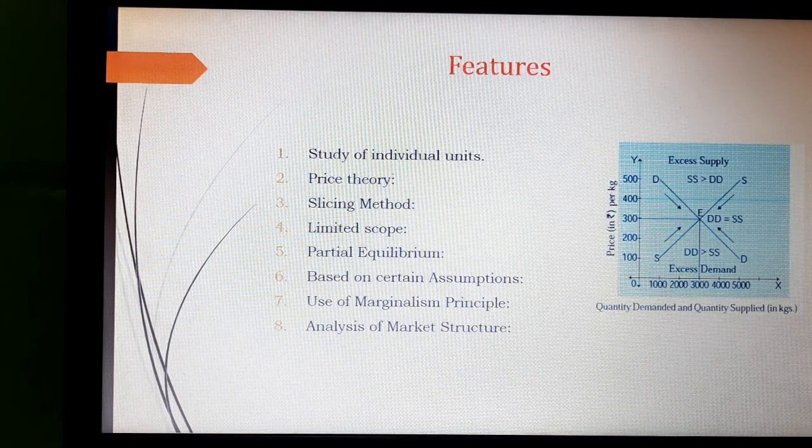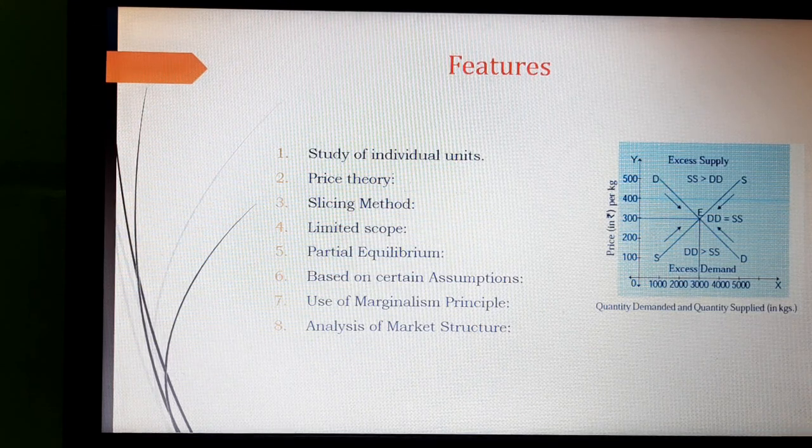Now this diagram is related to individual producer, in which you will see that there are two curves given, that is demand curve, that is nothing but DD, and after that we have a supply curve, that is nothing but SS. Now there is another important point given out there, that is nothing but E. This point is very important. Why? Because this is the point of equilibrium where demand and supply are equal to each other.